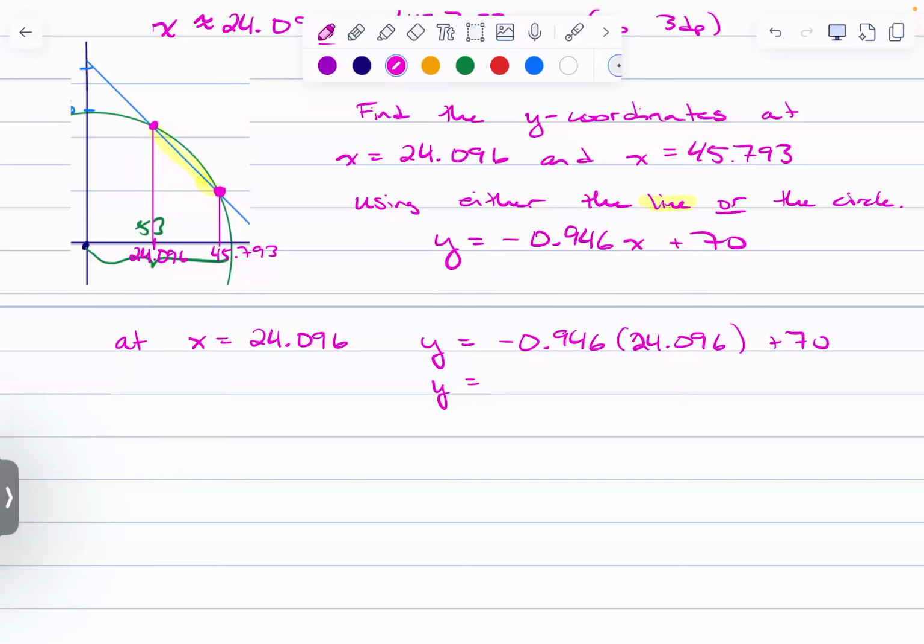So y is at 47.205 to 3 decimal places. Which, if we map to here, right, my line's not really straight, but you get the idea. This is at 47.205.